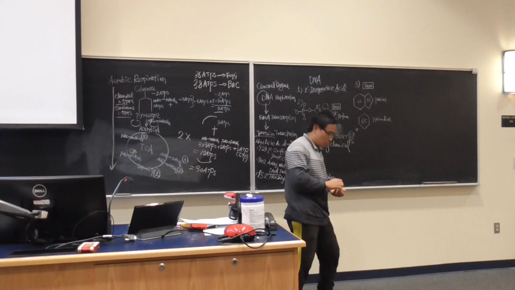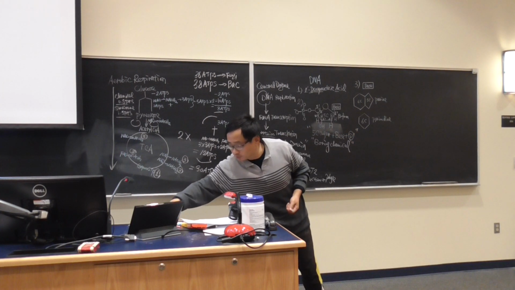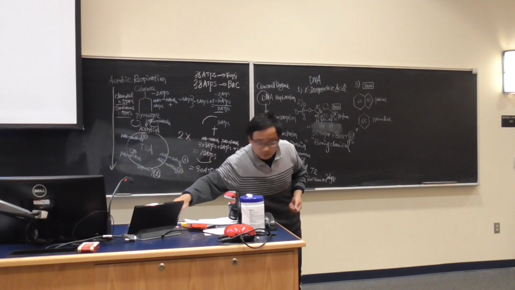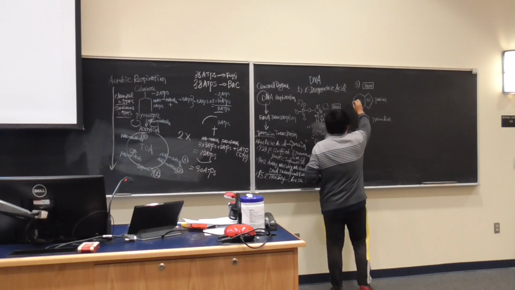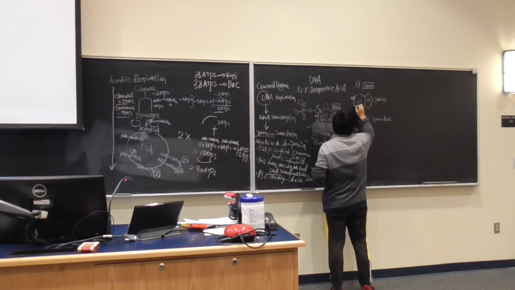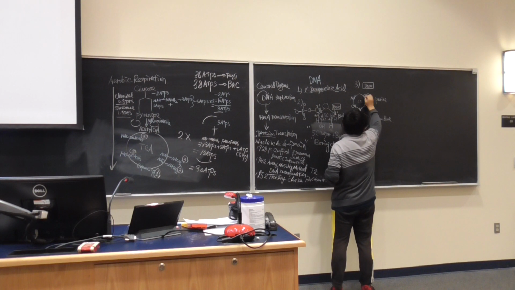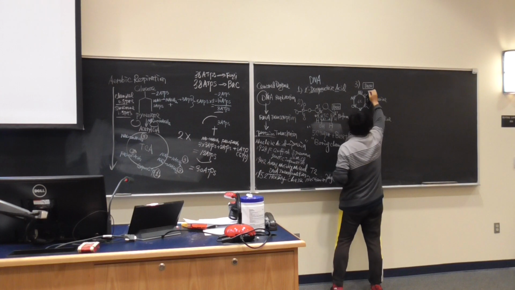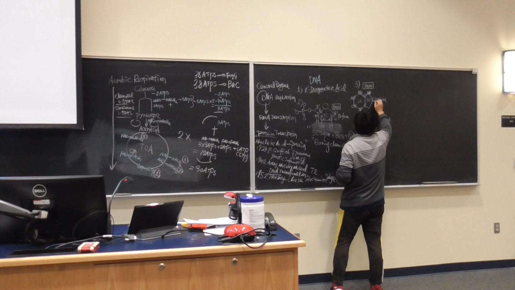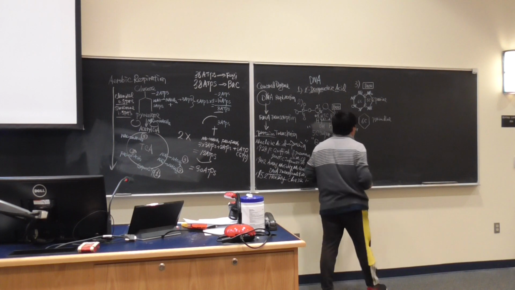Now, if you know the structure, I don't know whether you like it or not, you can draw it. It's N, CH, N, C, C, NH. Then you have NH, C, NH2, NH2, C, NH.